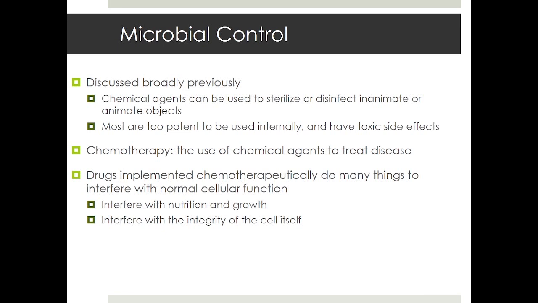The way that these types of chemicals can affect pathogens is by interfering with their nutrition and growth or the integrity of the cells themselves. So anything that would be considered normal cellular activity, like metabolism, cell division, cell wall formation, any of those at all, if you can obstruct them at any one of the many steps that are required, will do the trick.